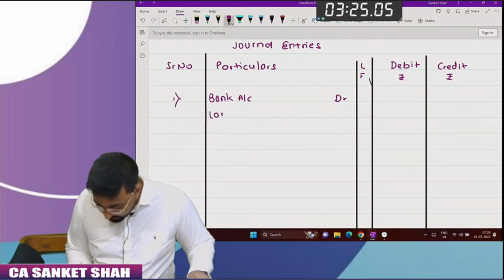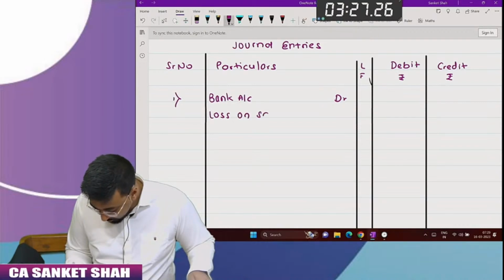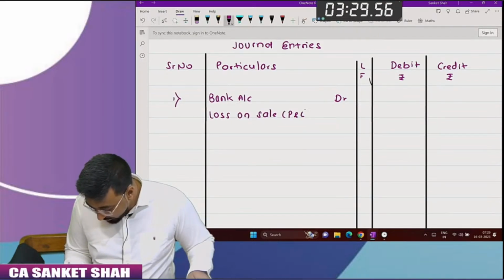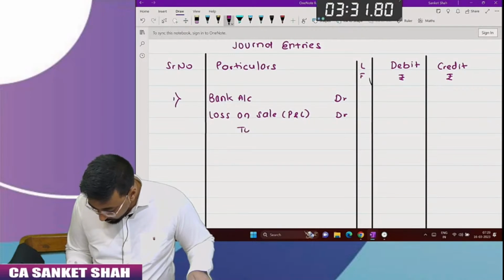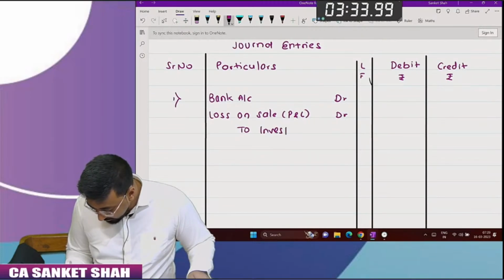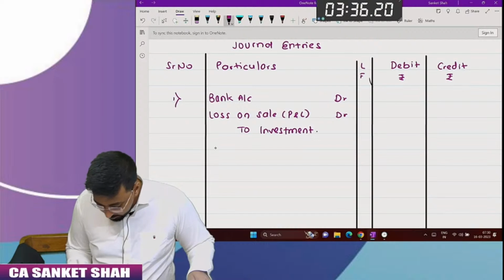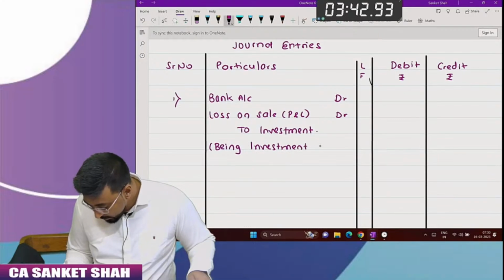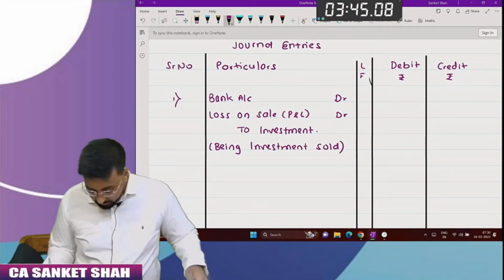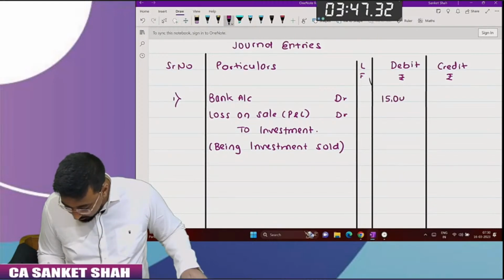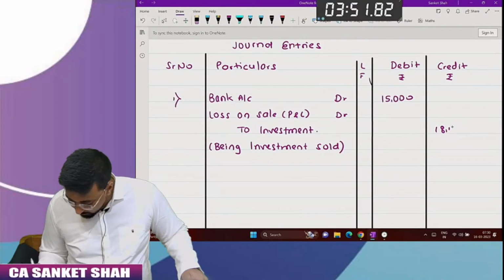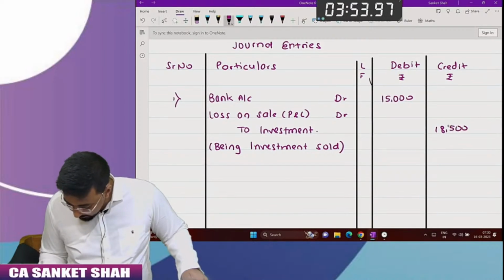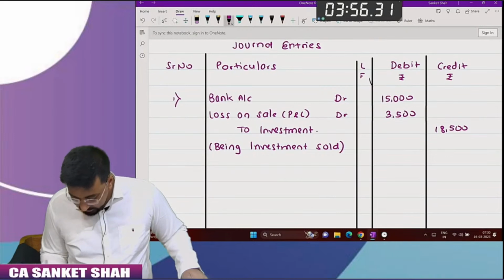Loss on sale, that is P&L, debit, to investment. Being investment sold. Simple and sweet narration: being investment sold. 3,500 is a loss. Okay.